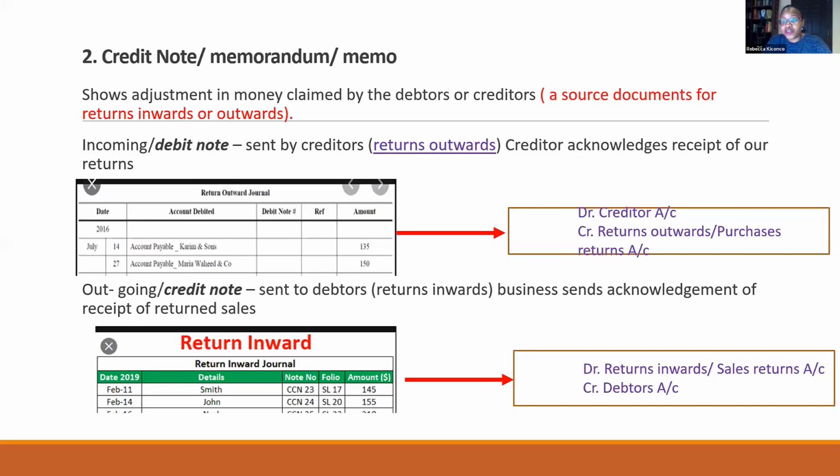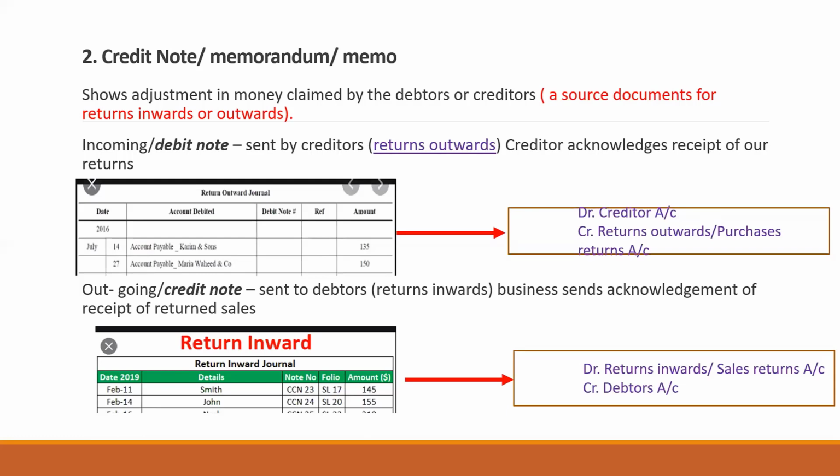This credit note shows returns inwards or returns from debtors, okay? Returns inwards into the business, or sales returns, or returns from debtors. All those are different names meaning the same thing.